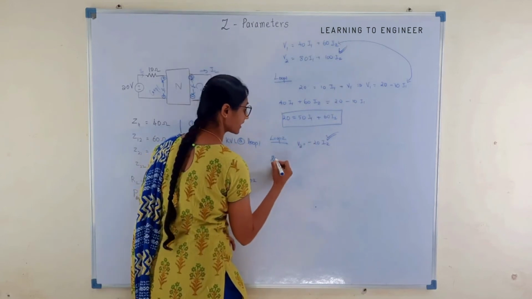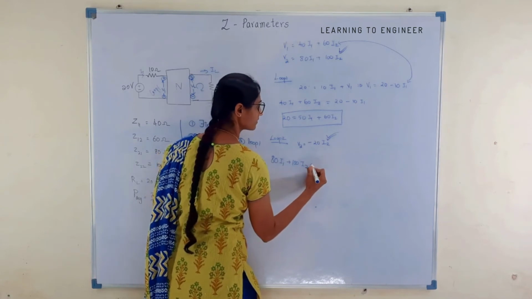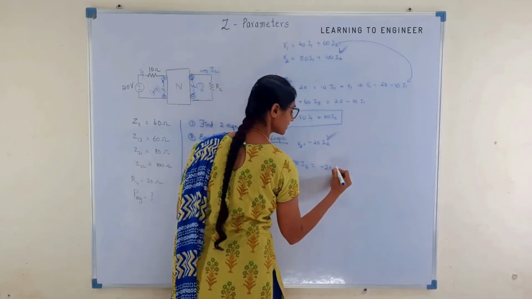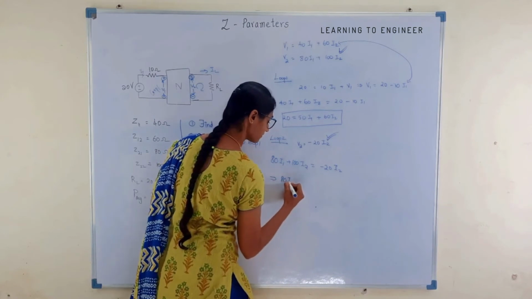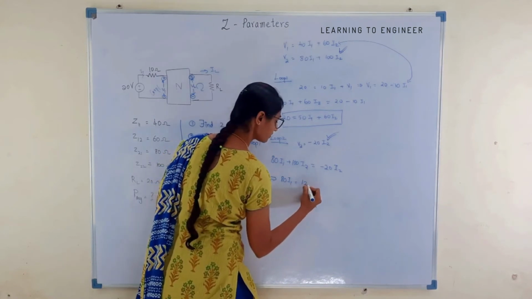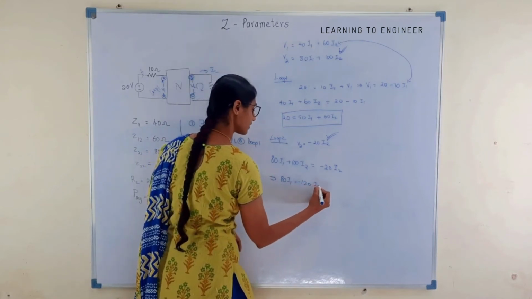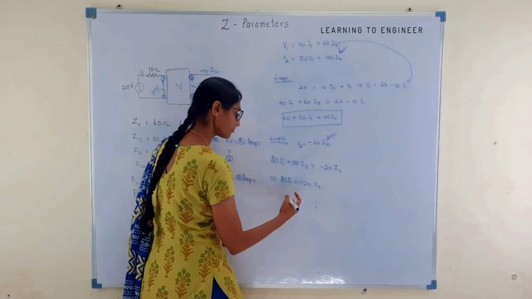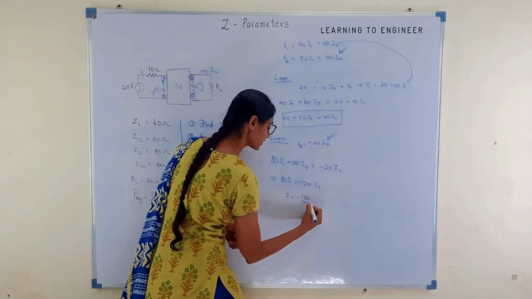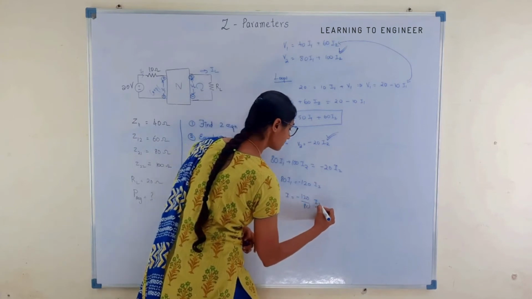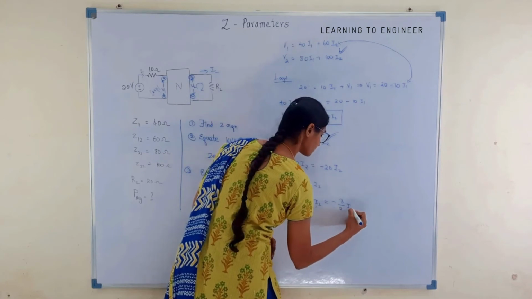So 80 into I1 plus 100 into I2 will be minus 20 I2. This implies that 80 I1 is equal to minus 120 into I2. So I1 is equal to minus 120 by 80 into I2. This will be minus 3 by 2 I2.